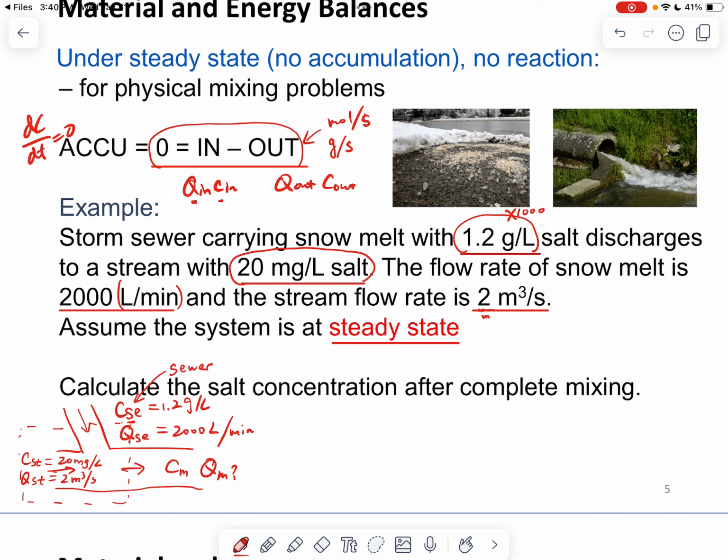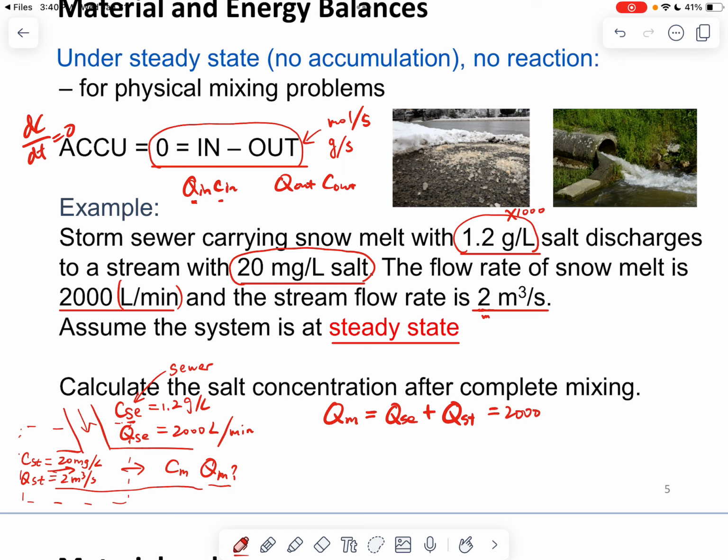So now we have to use the mass balance. The mass balance tells us that the total mass flow of the water or of the solution has to be the same. So if you have the sewage flow to be 2000 liter per minute, and the stream flow is 2 meter cubed per second, the total mixed flow is just adding these two together. So you have Qm equals QSE plus QST.